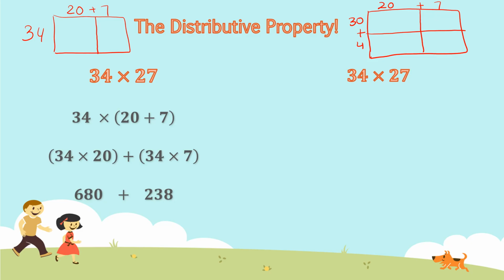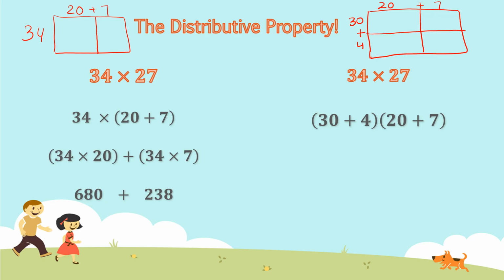In other words, we can break up 34 as 30 plus 4, and then 27 as 20 plus 7. And you saw earlier that the 2 by 2, the 4 little rectangles, it's kind of complicated to keep track of, right?